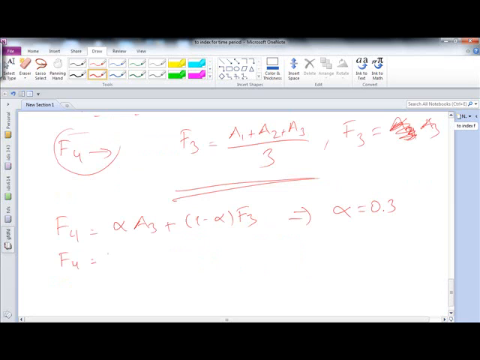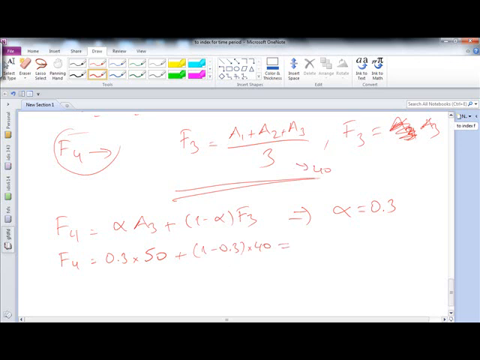F4 is 0.3 times the actual demand A3, which in the third period was 50, and if you remember the earlier calculation, we had already calculated the average of 3 numbers and that was 40, so I'm just going to use that as the forecast.